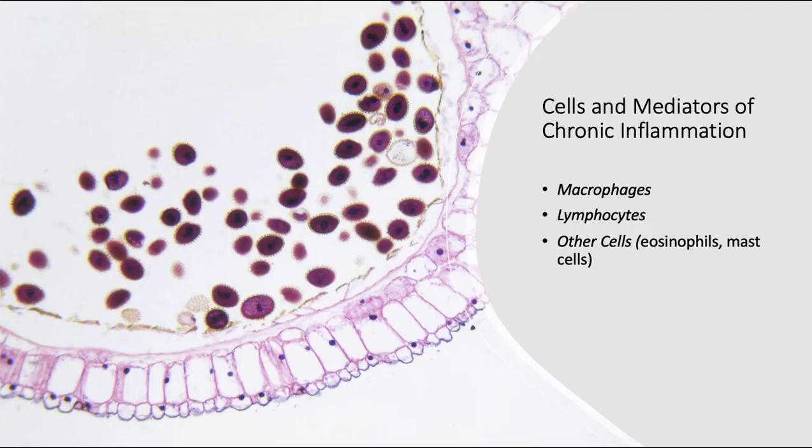The combination of leukocyte infiltration, tissue damage, and fibrosis that characterize chronic inflammation is the result of the local activation of several cell types and the production of mediators, including macrophages, lymphocytes, and other cells, including eosinophils and mast cells.